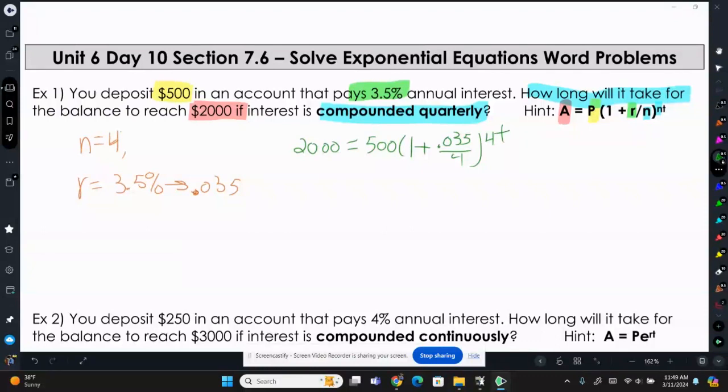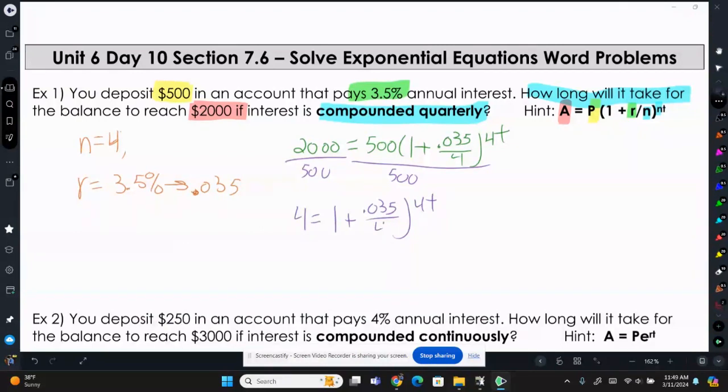Right, so first thing we need to do is get that base by itself. We need to take that 500 and divide both sides by that. So divide both sides by 500. So we get 4 is equal to 1 plus 0.035 over 4 to the 4t power.